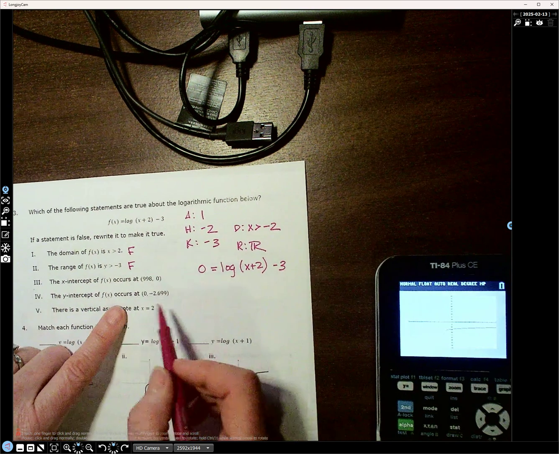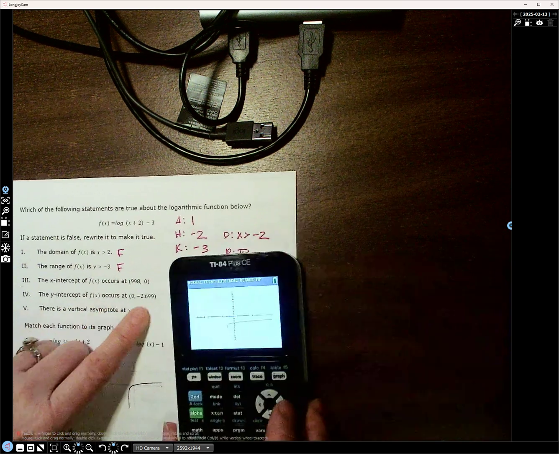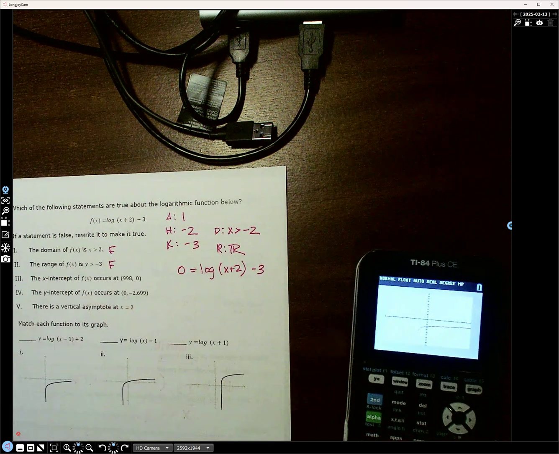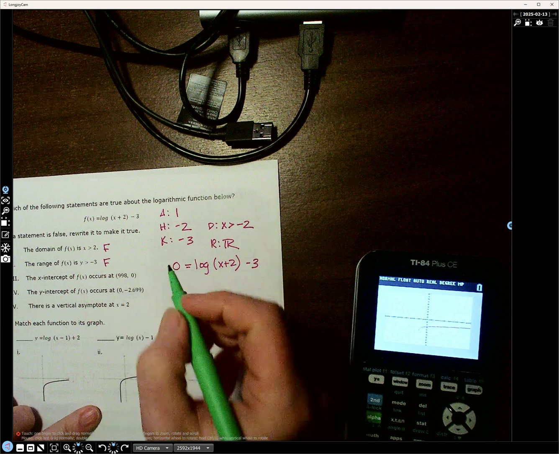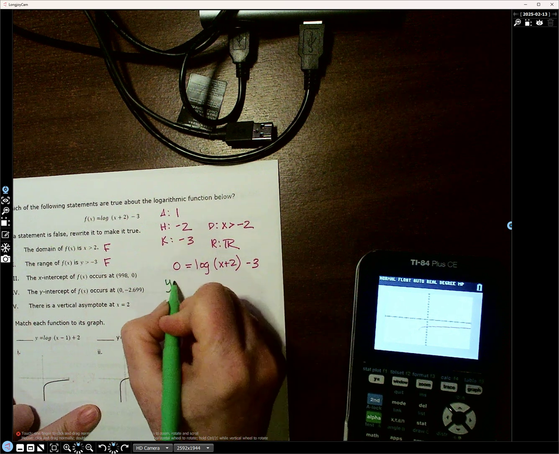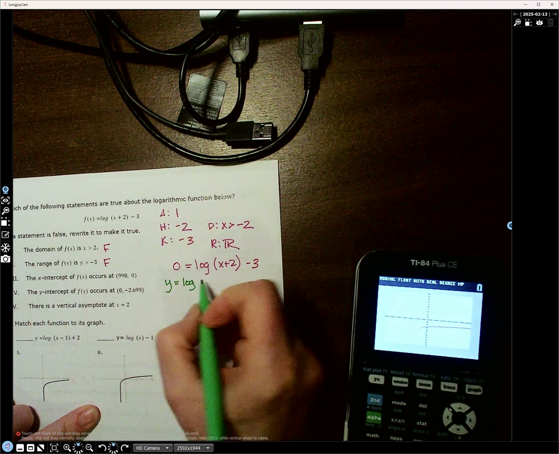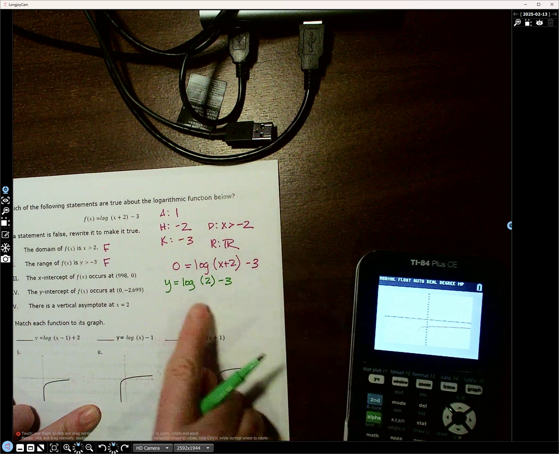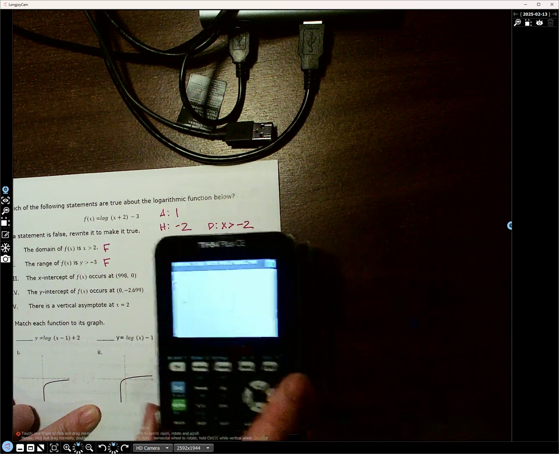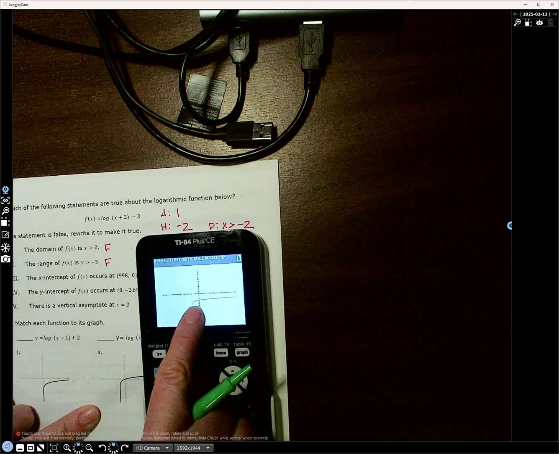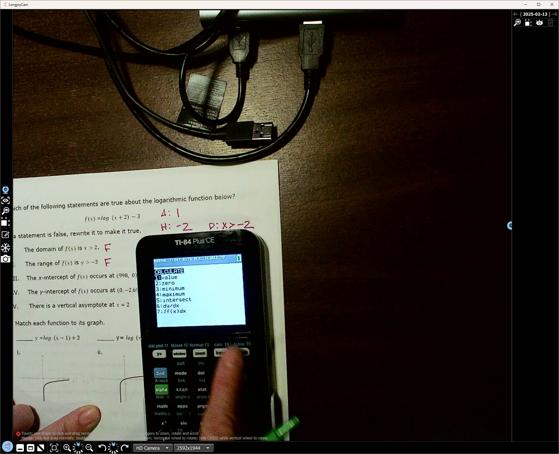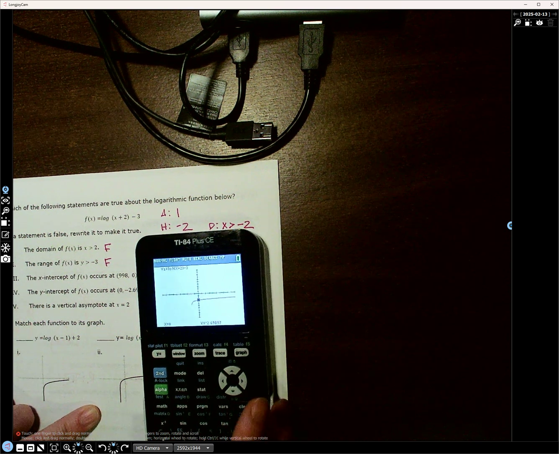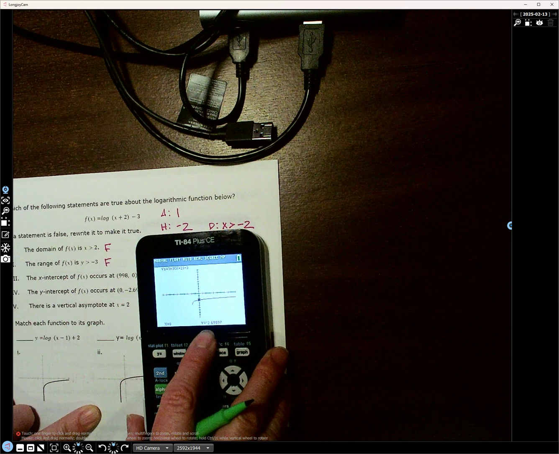Okay, y-intercept. Now, the y-intercept occurs when x is 0. So I can solve for that, right? When x is 0, y equals the log of 2 minus 3. If I put that in a calculator, I could find that. I could also do second calc value, x equals 0, and I will get negative 2.698.